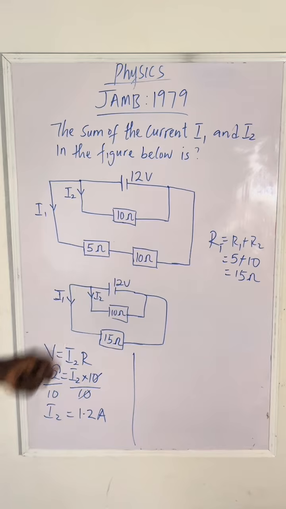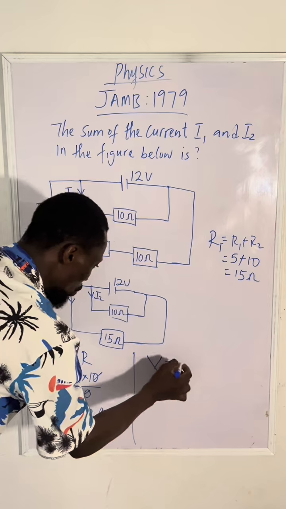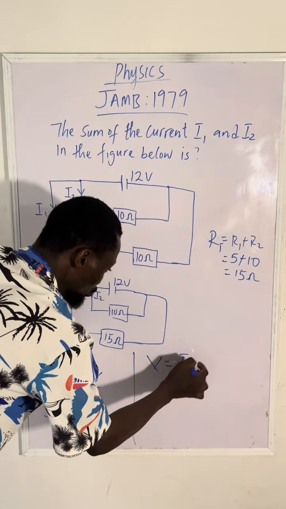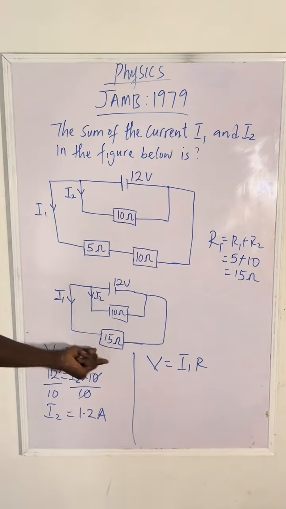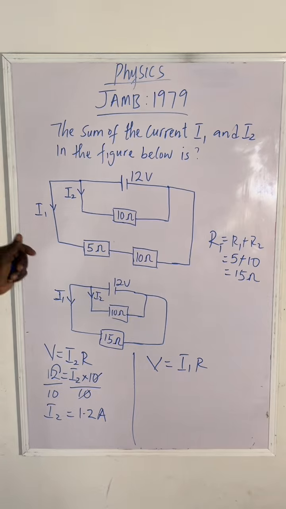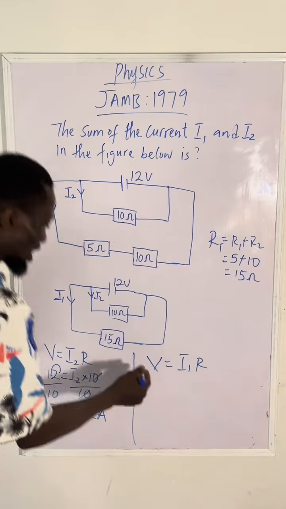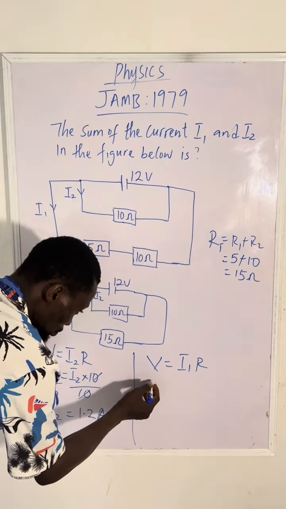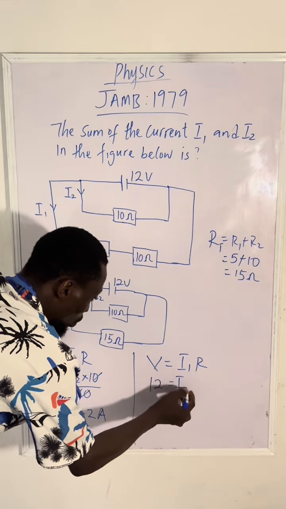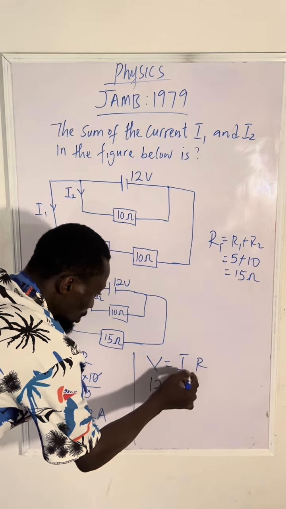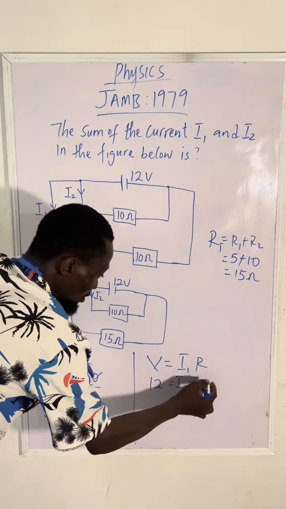Now, I'm done with this side. I can also use V equals I1R for these 15 ohms, separately. Do you know why? Because the voltage is the same for each one. So I'll use my 12 here: 12 equals I1 times what is my R here? 15.